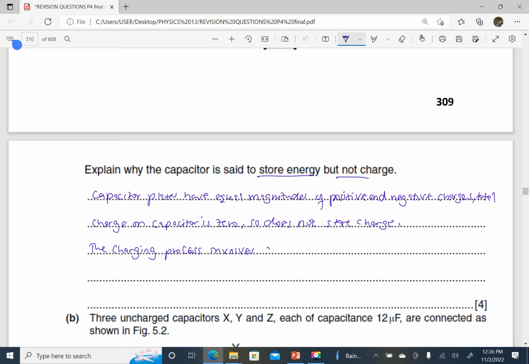So the work done in separating the charges is the energy stored by the capacitor.